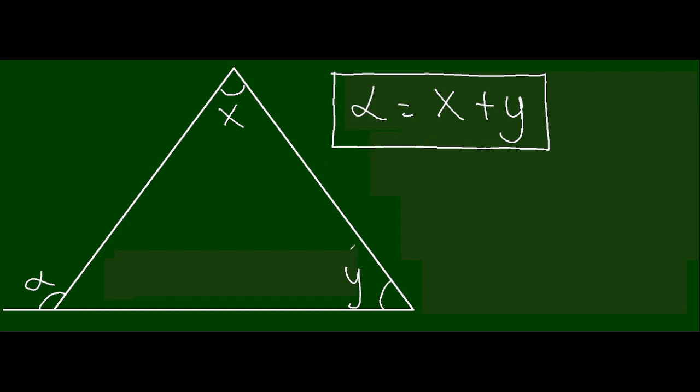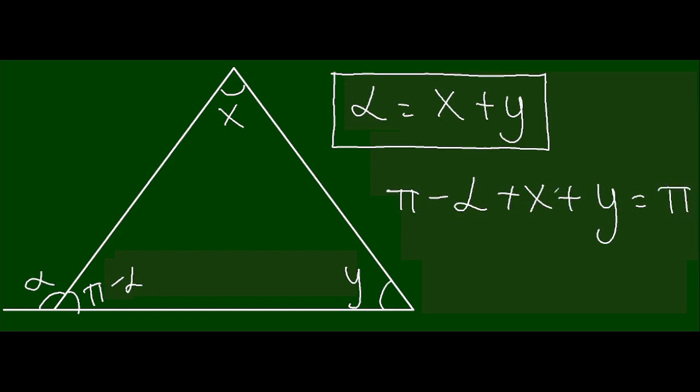We know that the interior angles of this triangle sum to 180 degrees, and we know that this angle will be pi minus alpha. From here we know that pi minus alpha plus x plus y will equal pi.